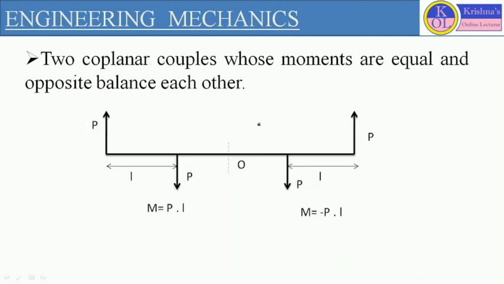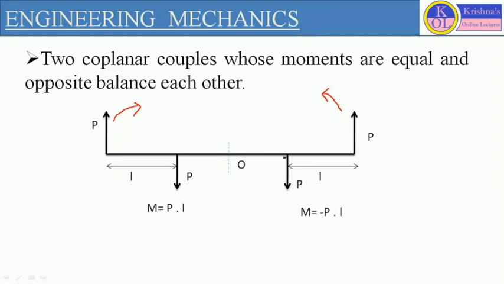Now let's see another property: two coplanar couples whose moments are equal and opposite balance each other. Here we are considering two couples formed by four forces. One couple is acting in a clockwise direction and another couple is acting in an anti-clockwise direction.